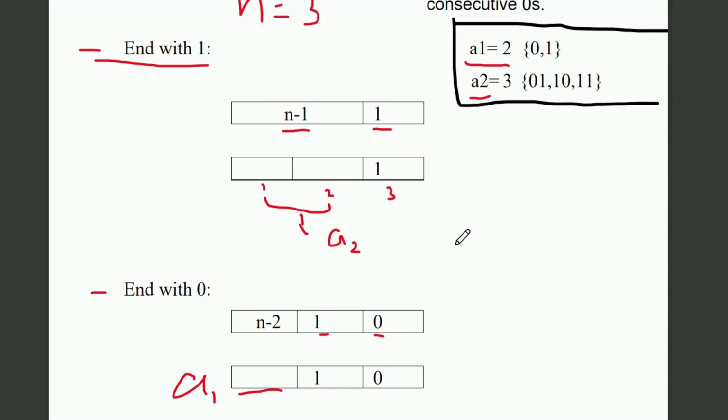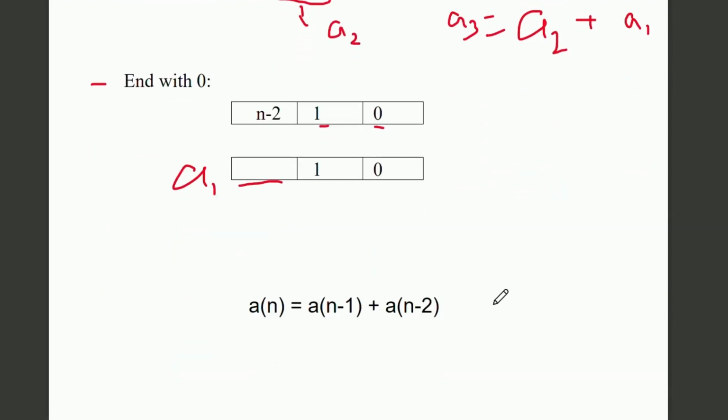So what can we say from this, or what rule can we come up with? It is A3 equals A2, which is the first condition ending with 1, plus A1, the second condition ending with 0.